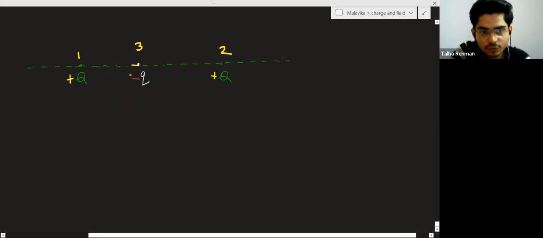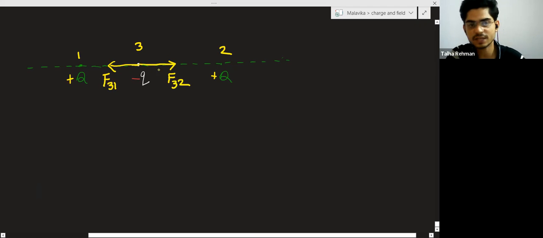I want to calculate the force on charge 3. Due to this charge, the force on 3 due to 1 is in this direction, and force on charge 3 due to charge 2 is in this direction, means this can be in equilibrium.